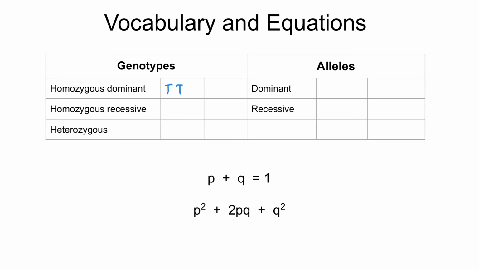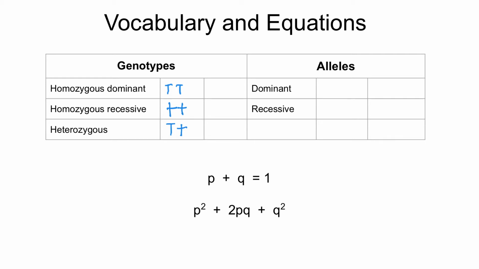If an organism is homozygous recessive, that means that it's inherited a recessive allele from each parent. And so we would represent the homozygous recessive genotype with little t, little t. And if it's heterozygous, that means that it's inherited one dominant allele and one recessive allele, and so we can express that in this way, big T, little t.